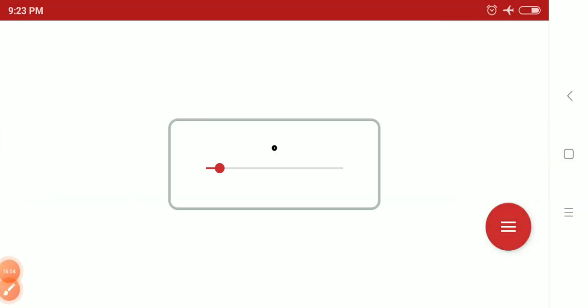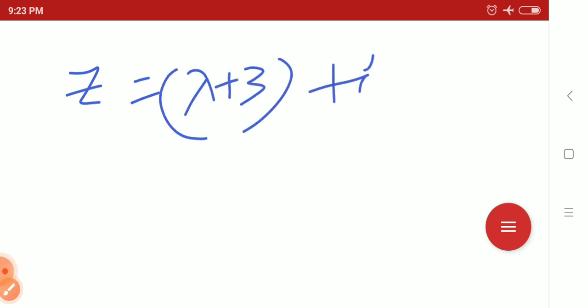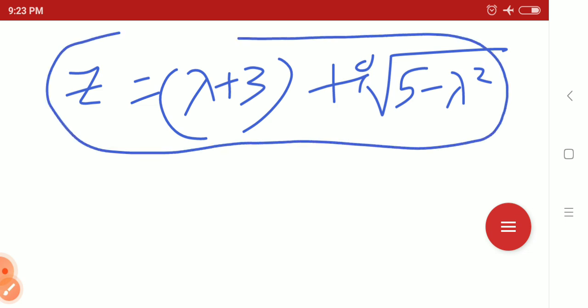The second question is: suppose you have been given z equals lambda plus 3 plus i root of (5 minus lambda square). What equation will this give? What is the equation of this complex number? How will we proceed?